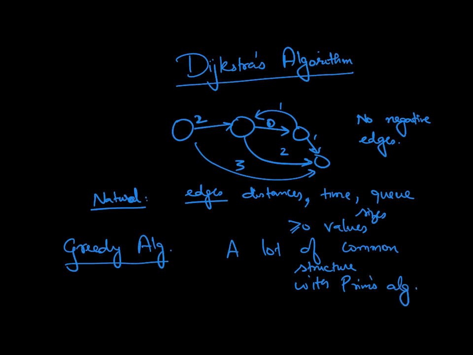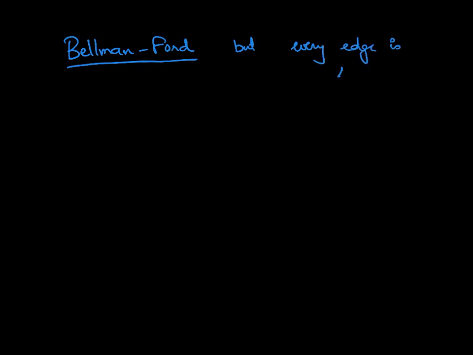All right. So let us understand how Dijkstra's algorithm works. There are many ways of thinking of it. One way is to think of it as an algorithm very much like Bellman-Ford, but what we are doing is every edge is relaxed exactly once.